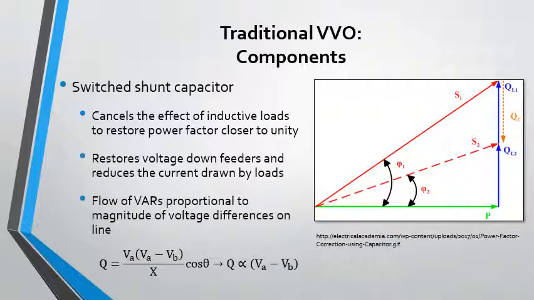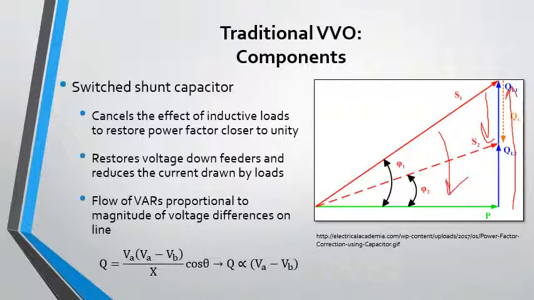The last component of the traditional volt-VAR optimization being discussed today is the switch shunt capacitor. As can be seen with the power triangle on the right, as the inductive reactance increases, so do the VARs, due to motors and other devices on the feeder lines. The switch shunt capacitors are added to offset this and in turn bring the power factor back closer to unity.